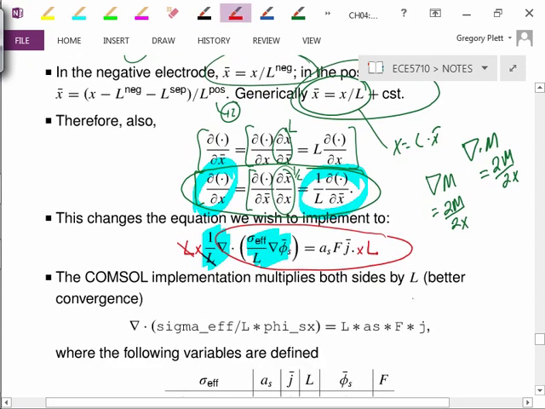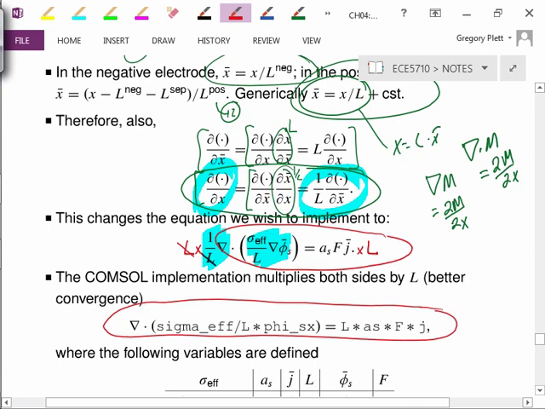And in COMSOL, there's an equation that implements something of this form, and this is how you would enter things into that equation. I would say, okay, the equation comes with this part built in, and I have to enter the sigma effective divided by L, and I multiply by something called phi underscore sx.